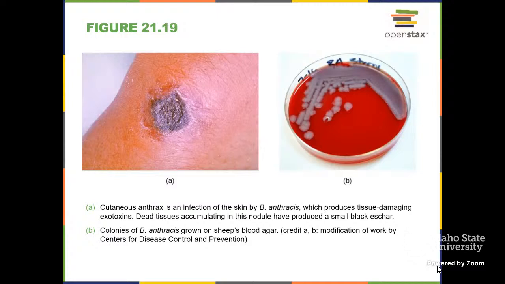So you can see this necrotic tissue, this black eschar, that's the result of dead tissue from this bacteria getting in there. This is an image of it growing on a blood agar plate, and Bacillus anthracis is a bacterium that can destroy red blood cells, although we can't really see that happening here.